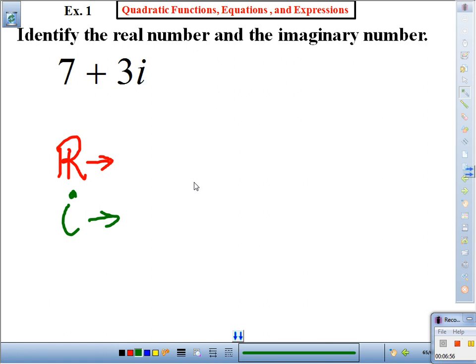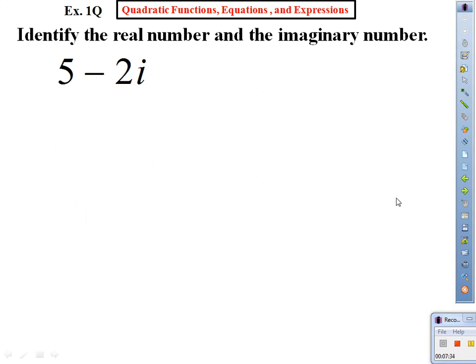All right, who went last? Carlo, pick someone. Chance, which is our real number? 7. And our imaginary? 3i. Have you got that? Okay, let's move on to the next one. Example 1b, 5 minus 2i.